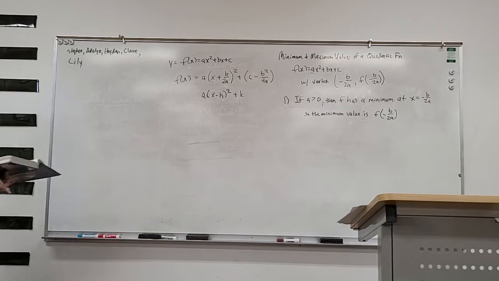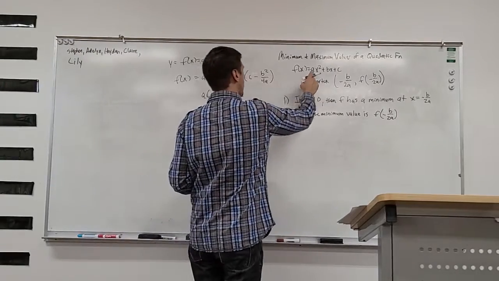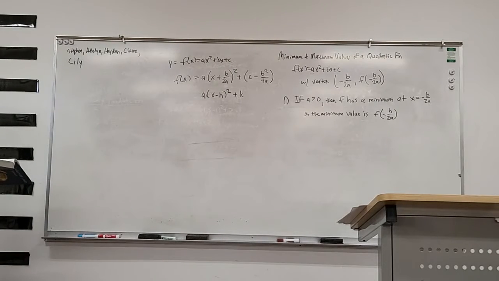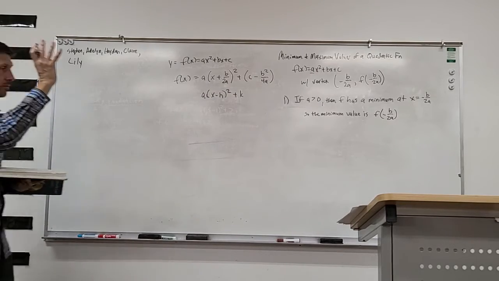Up, right? If our a is positive, then the parabola is going to open upward. And so then it should make sense that our function is going to have a minimum value, not a maximum value, because it's opening upward, right?